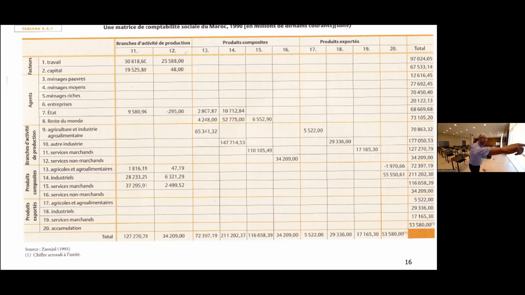And we can add the two components. We deduce the gross domestic product at the return level. At the production level, we have the value added here, and here we have the total of the gross domestic product. You see that in a SAM, we can give the interpretation of all the flows in the economy.